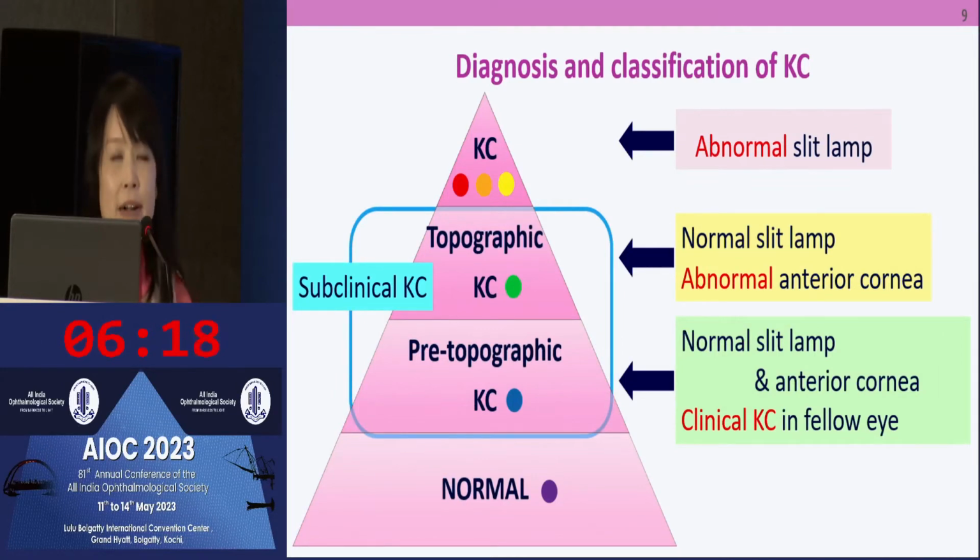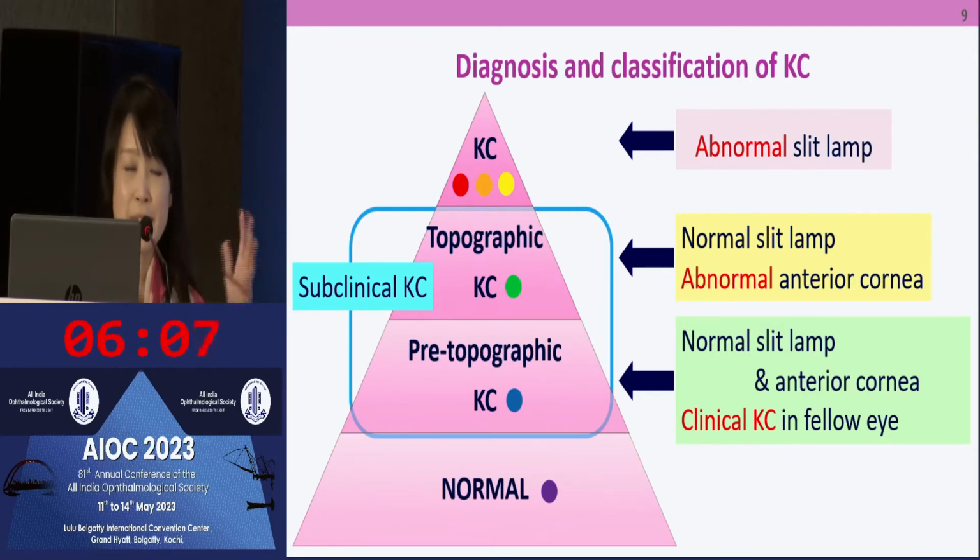Right now, there is variability in diagnosis and classification of keratoconus. As I said, there is a mixture of subclinical keratoconus and keratoconus suspect. To avoid such confusion, I'd like to propose a simpler classification based on the clinical sign at the slit lamp and the topographical sign based on Placido topography.